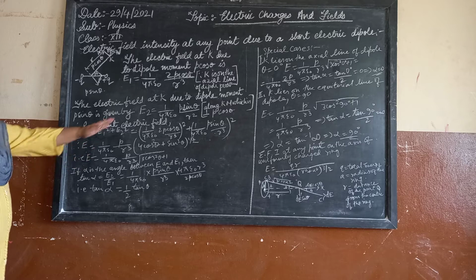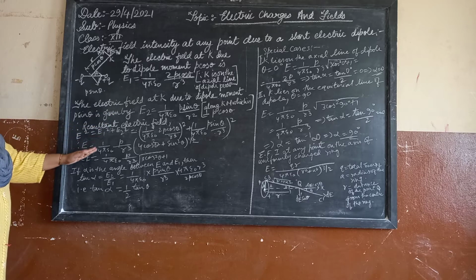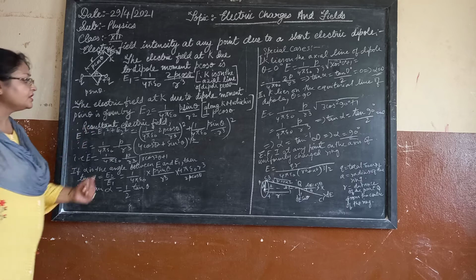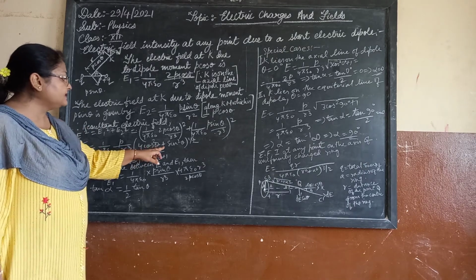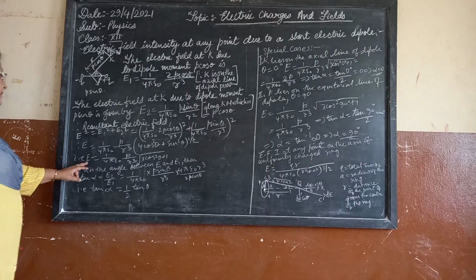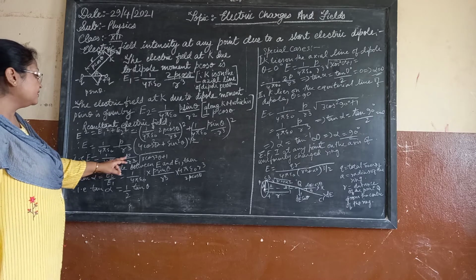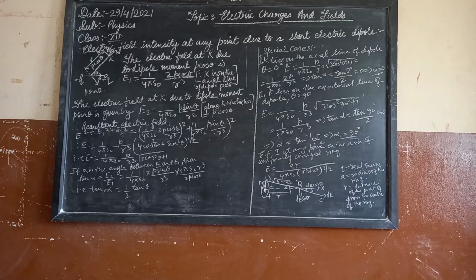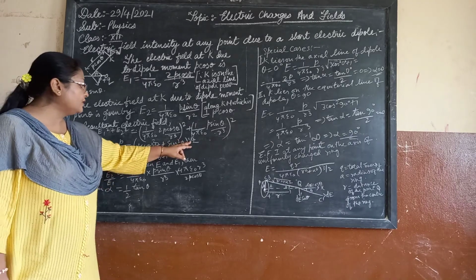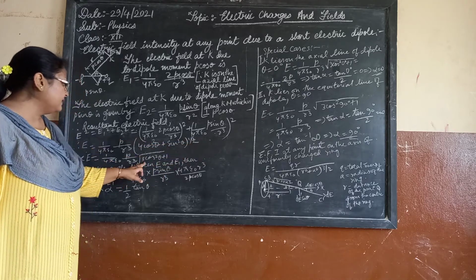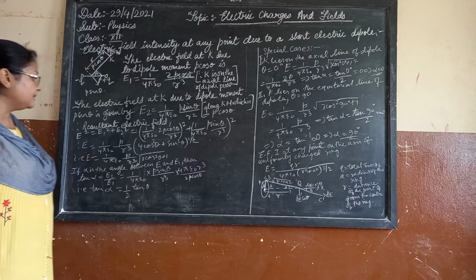Taking these two terms together, taking common 1/4 pi epsilon 0 p upon r cube, this will be 4 cos square theta plus sin square theta to the power 1 by 2. So it will be equal to 1/4 pi epsilon 0 p upon r cube root over of 3 cos square theta plus 1.